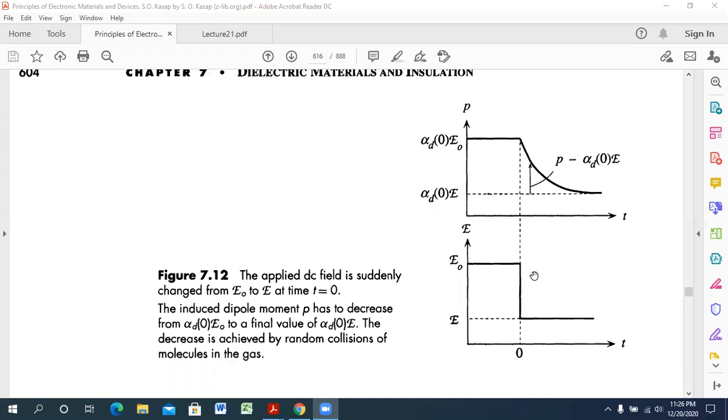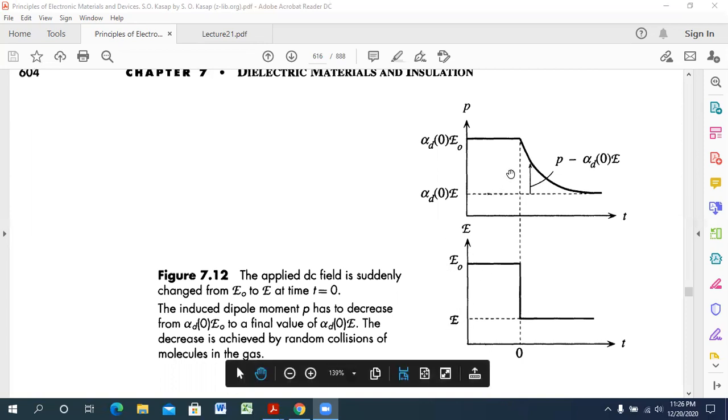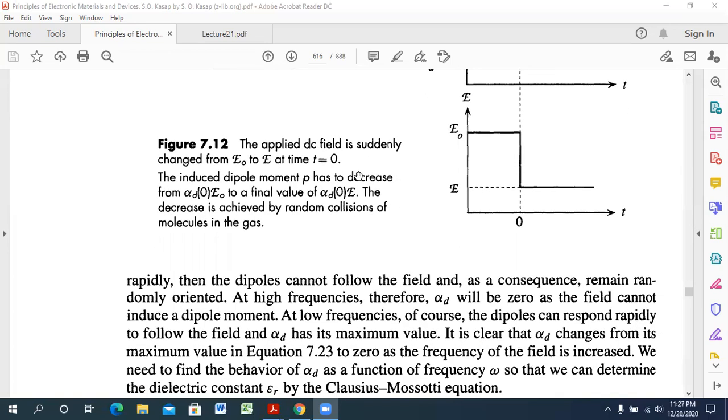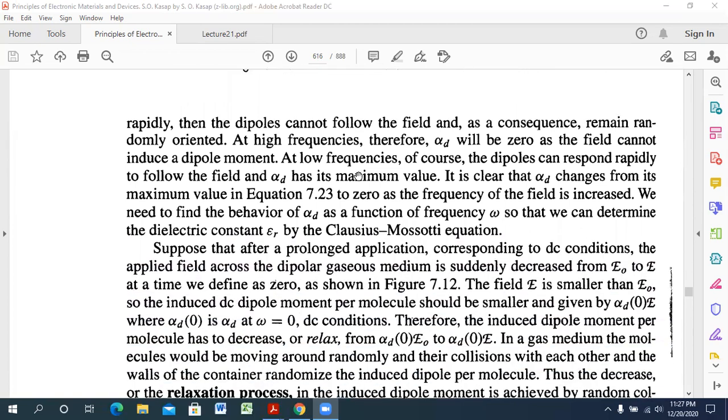But when we reduce the electric field from E naught to E, the polarization decreases exponentially. It requires some time to drop from this upper position to this lower position. This required time is known as the relaxation time, which we have already learned in previous lectures also.